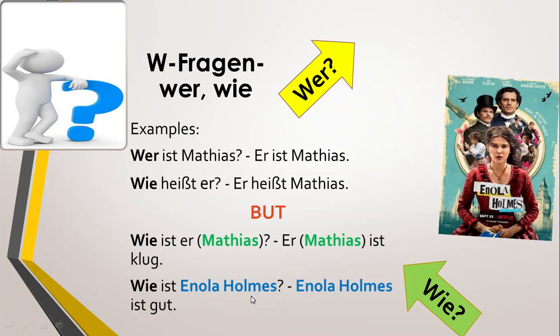And sein as the verb can be used with both wer and wie, but we must remember that when sein is used with wer, we are asking about somebody, but when the verb sein is used with wie, then we are asking or describing about a subject or an object. And we are using adjectives to describe the subject or the object, which are klug and gut, intelligent and good.